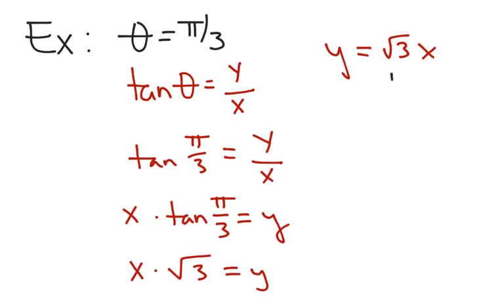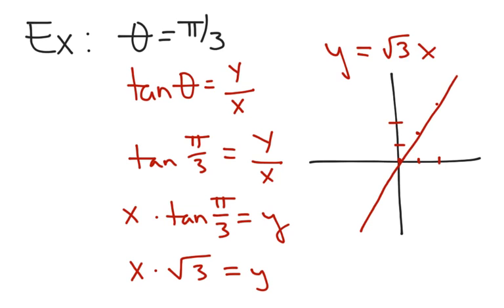Well, that's just a line. And that line looks something like this. Let's see, if it's square root of 3x, it goes through 0, 0, it goes through 1, square root of 3, it goes through 2, something else. It looks kind of like this.